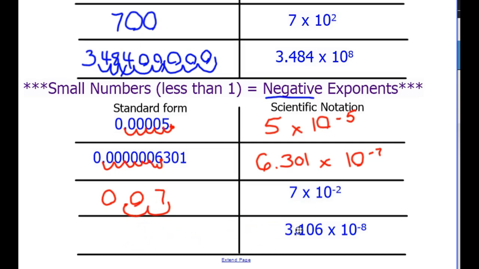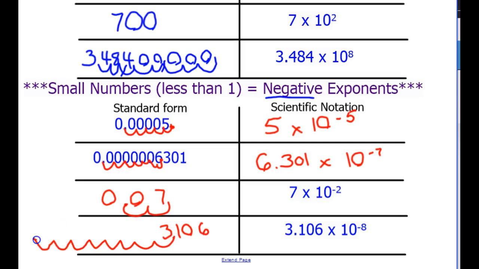Here we have 3.106 times 10 to the negative 8. So what we can write is 3.106. And this is like saying that we have a decimal after our first number. So we're going to go back 8 spots. 1, 2, 3, 4, 5, 6, 7, 8.